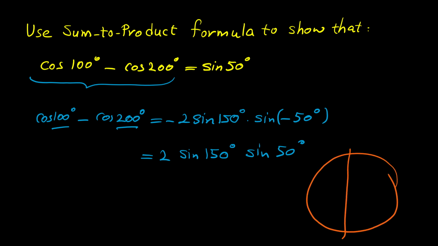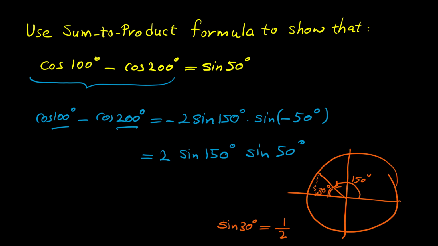150 degrees is an angle in quadrant 2. This is 150 degrees. And when the angle is 150, the reference angle for 150 is 30 degrees. If you remember from a special triangle, sine of 30 degrees is 1/2. In second quadrant, sine is positive.